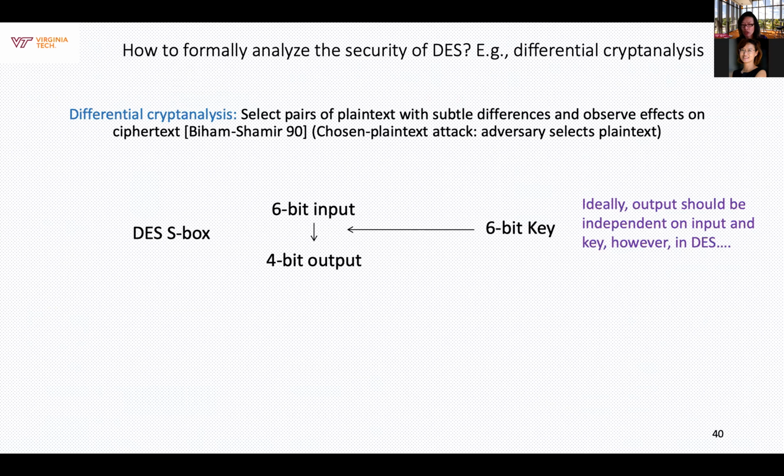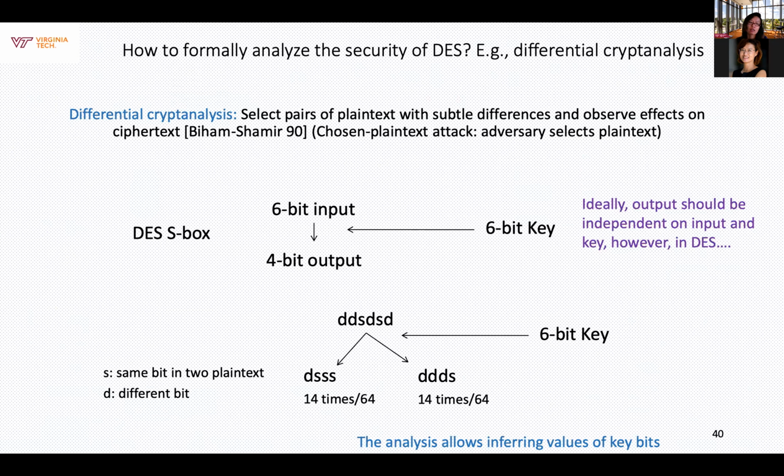What we have just shown, right? The block 7, and then you get certain value. However, people may find that, and this was actual research results, if the plain text D means differ, S means same. If two plain texts have certain type of patterns, then their ciphertext would also exhibit certain patterns in a way that are not evenly distributed.